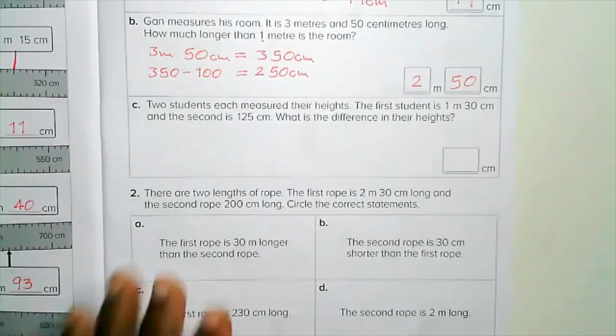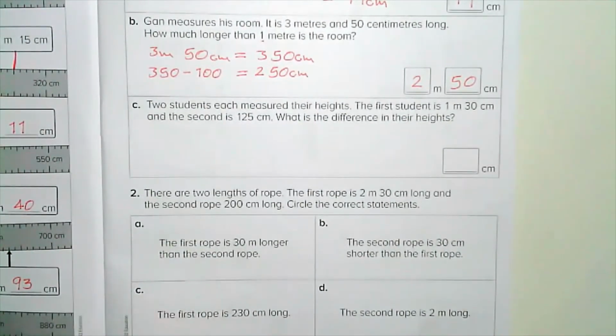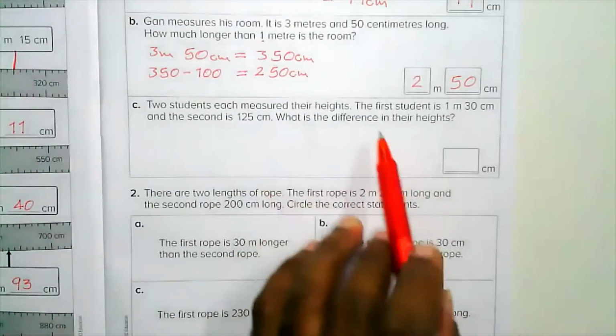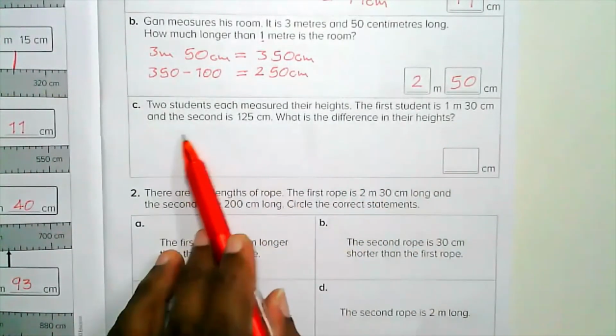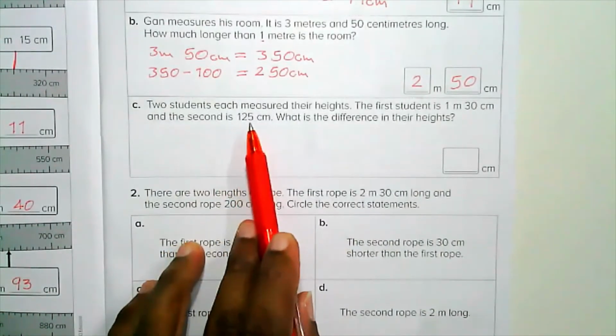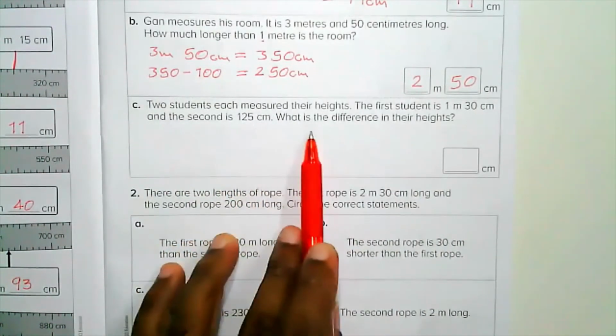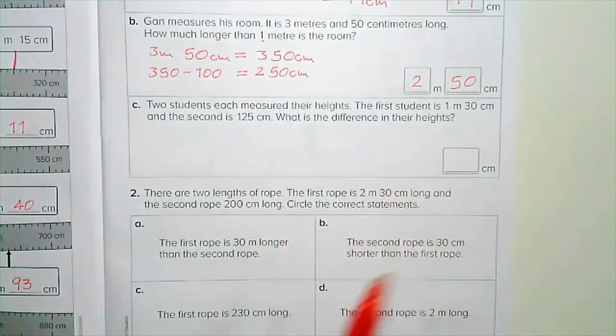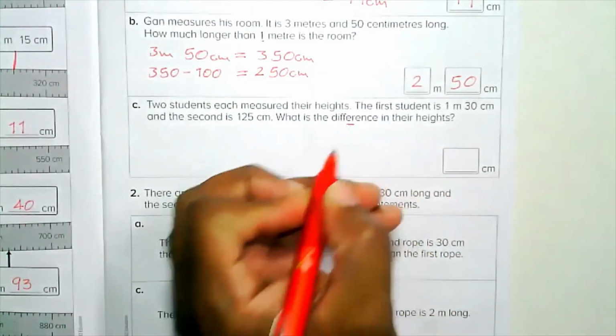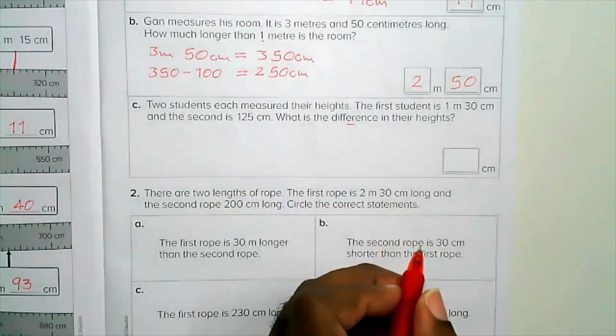Part C. 2 students each measured their heights. The first student is 1 meter, 30 centimeters, and the second is 125 centimeters. What is the difference in their heights? Difference is subtraction. We subtract.